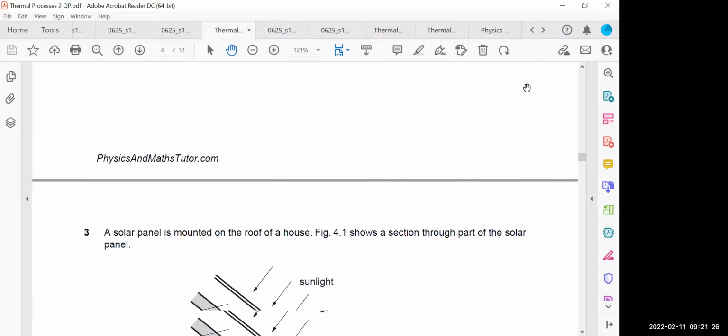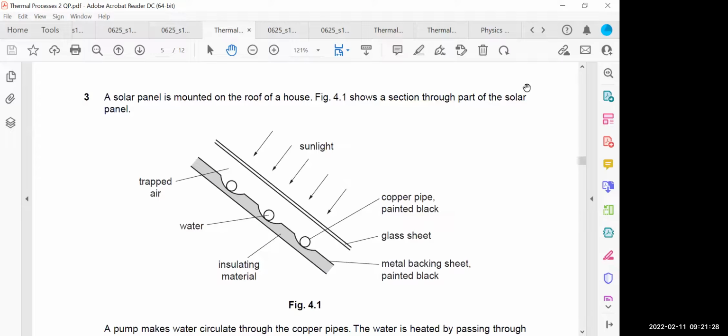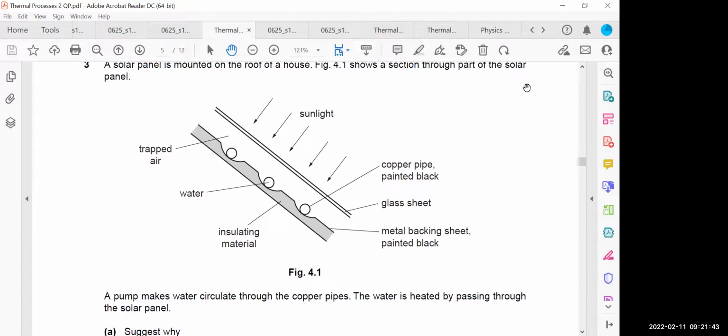Next, question number three. A solar panel is mounted on the roof of a house, and figure 4.1 shows a section through part of the solar panel. Look at the diagram, please.